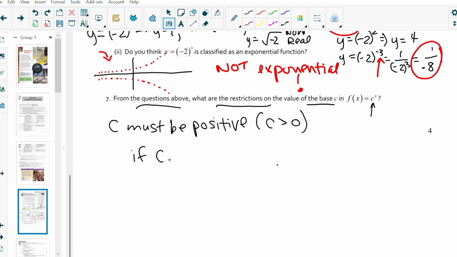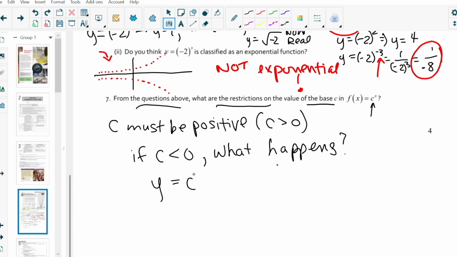And just to reiterate, if c is less than 0, what happens? So if I have my basic exponential function, right? Let's say c is less than 0. Let's pick negative 2. Well, this is from our previous graphing example.